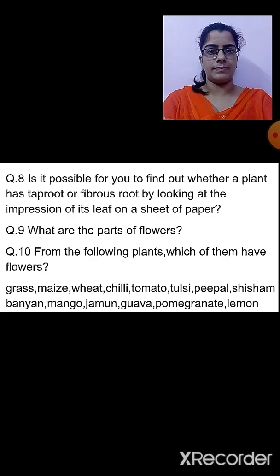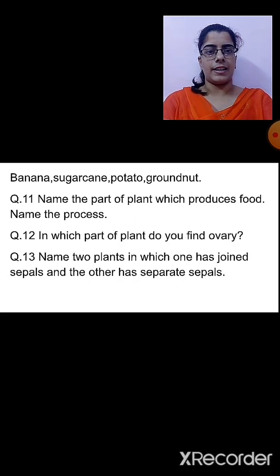So, chilli, tomato, tulsi, mango, jamun, guava, pomegranate, lemon and banana are the plants that have flowers, while the remaining plants do not have flowers.